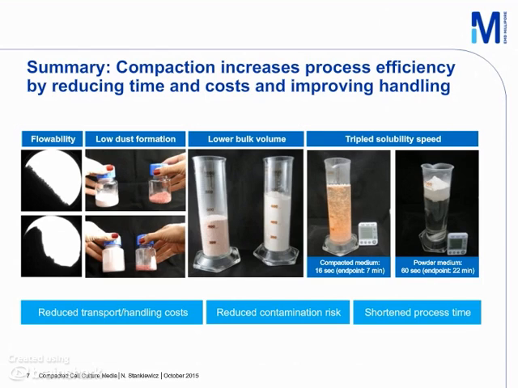Secondly, reduced dust formation leads to cleaner production areas, lowering the risk of contamination. Thirdly, compacted media lower the bulk volume of dry powder media, leading to savings in transportation and storage costs. Last but not least, compacted media can save time when it comes to dissolving highly concentrated cell culture media formulations.